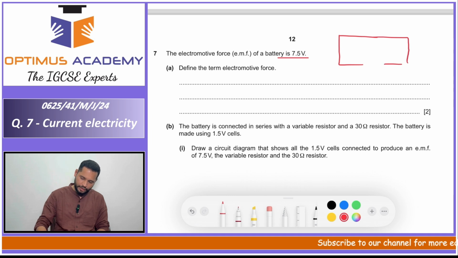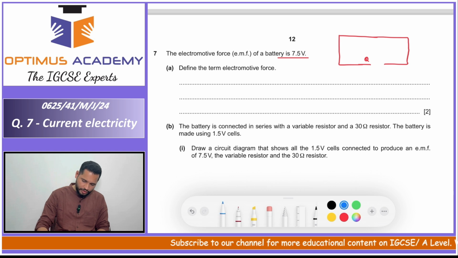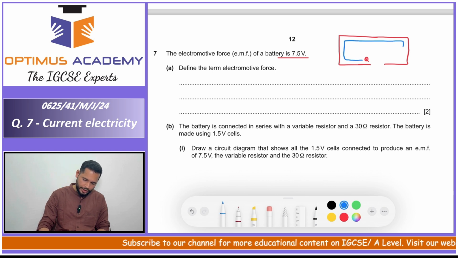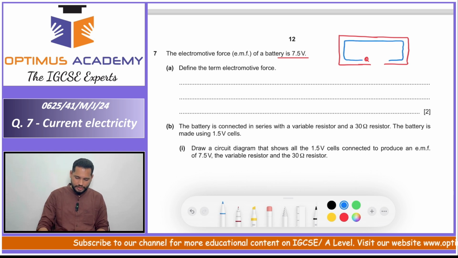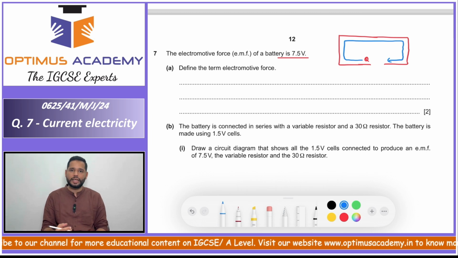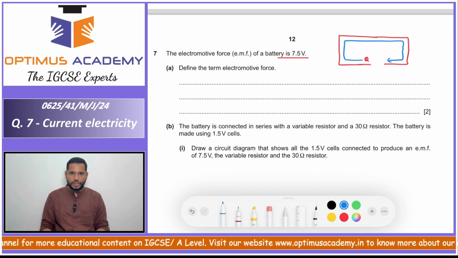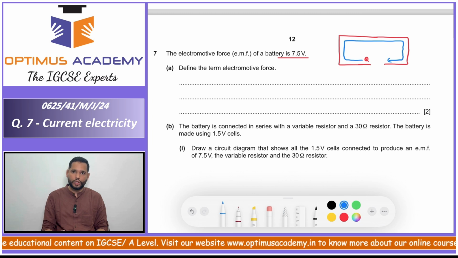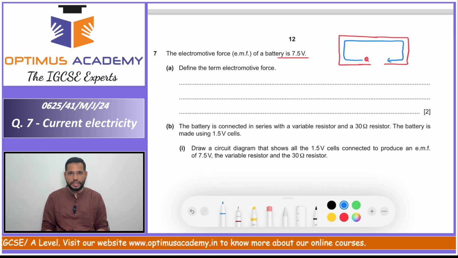This is a conducting wire, and we have to move a unit charge from this end of the wire to the other end of the wire. To move the charge throughout the circuit, some energy is required, and that energy is provided by battery. So the amount of work done, or you can say the energy supplied by battery to move unit charge throughout the circuit, is called as electromotive force.